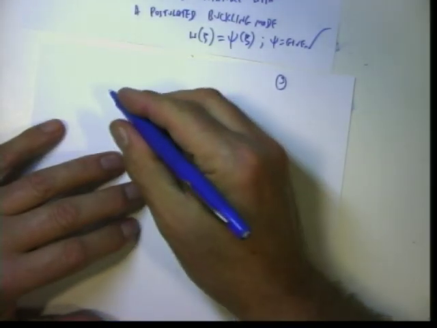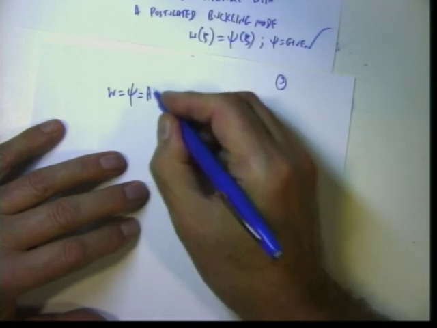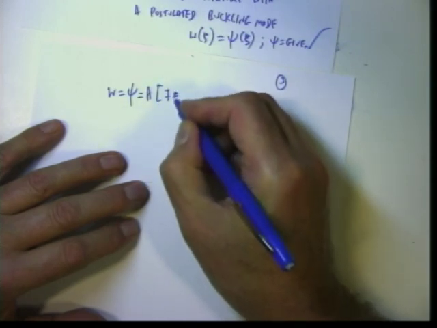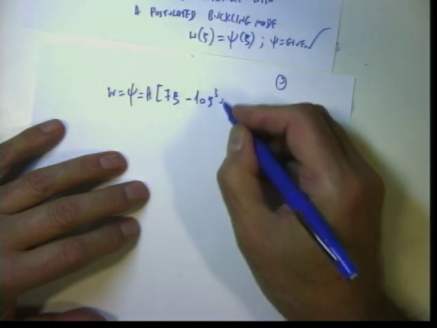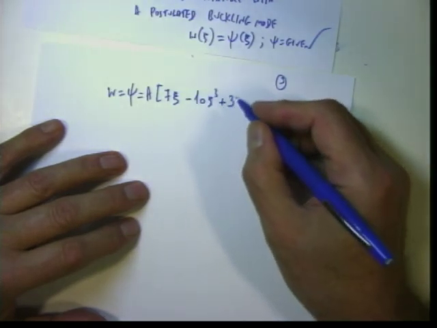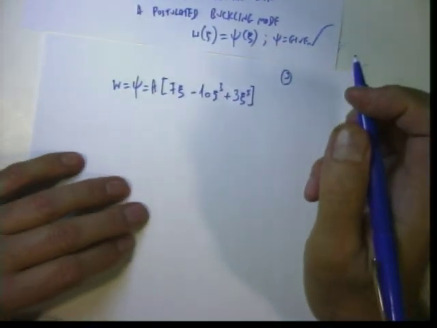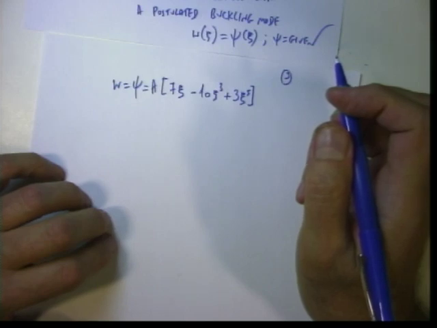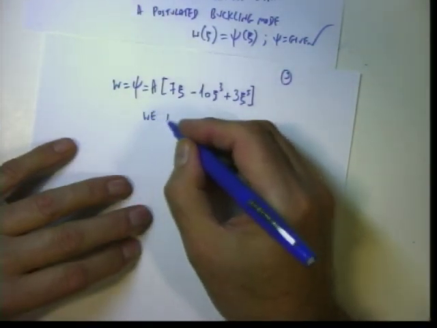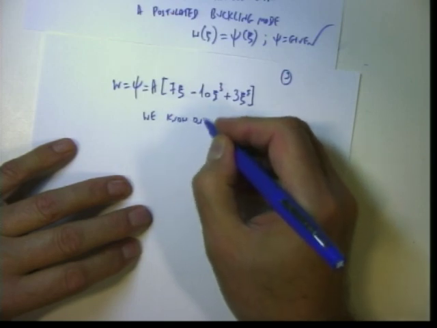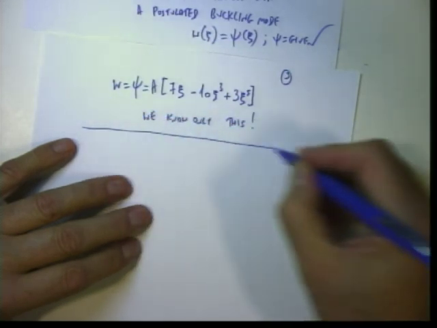Okay, so this w equals phi and equals, say some A, 7 psi minus 10 psi cubed plus 3 psi in fifth power. So we know only this. Okay, so then it is easier.